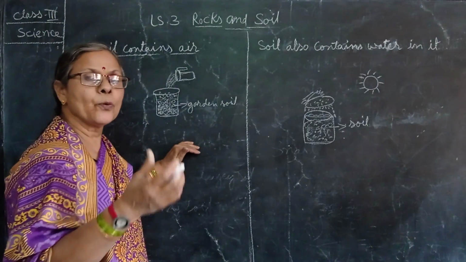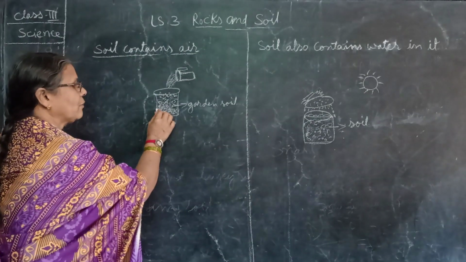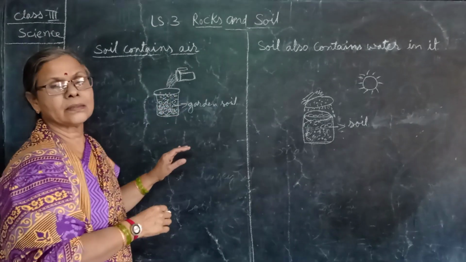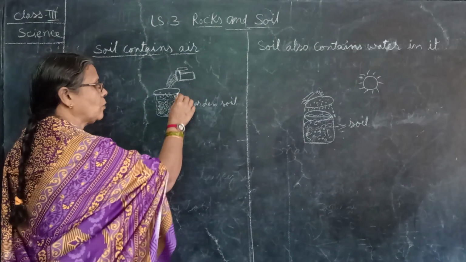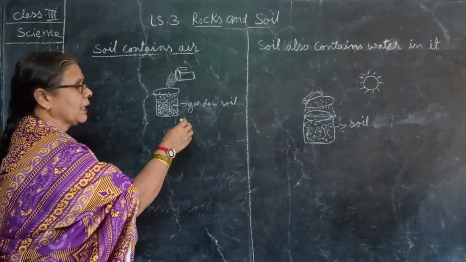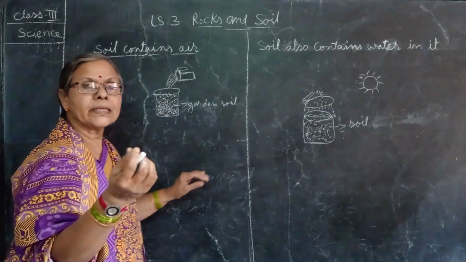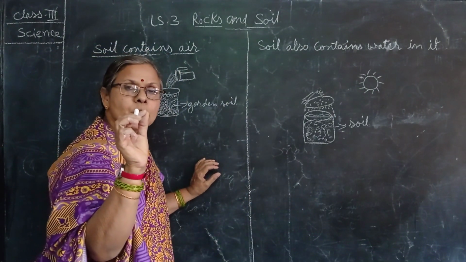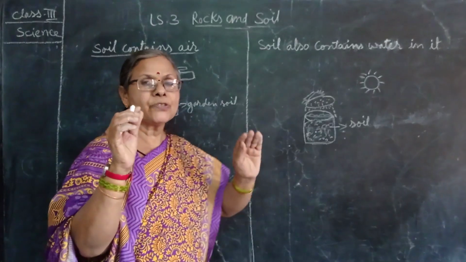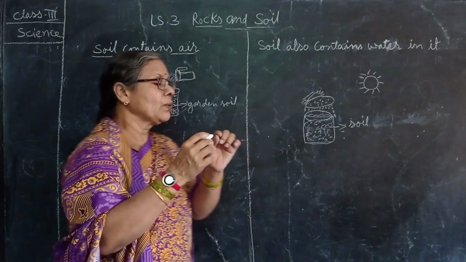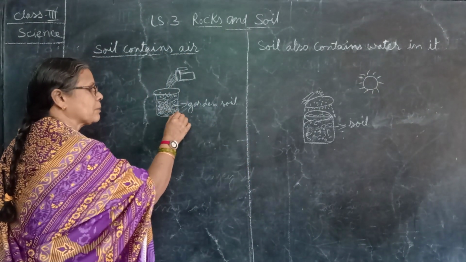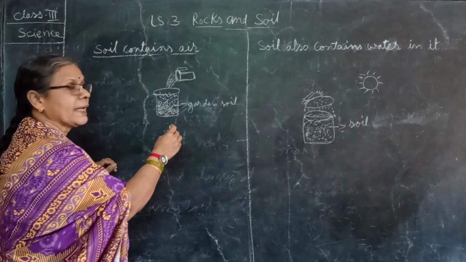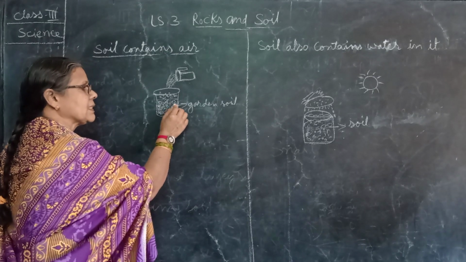If you pour water in, you will see air bubbles coming out, because when you take soil into the box, the small tiny particles do not stick to each other, so there is small space between the particles and air is inside it.